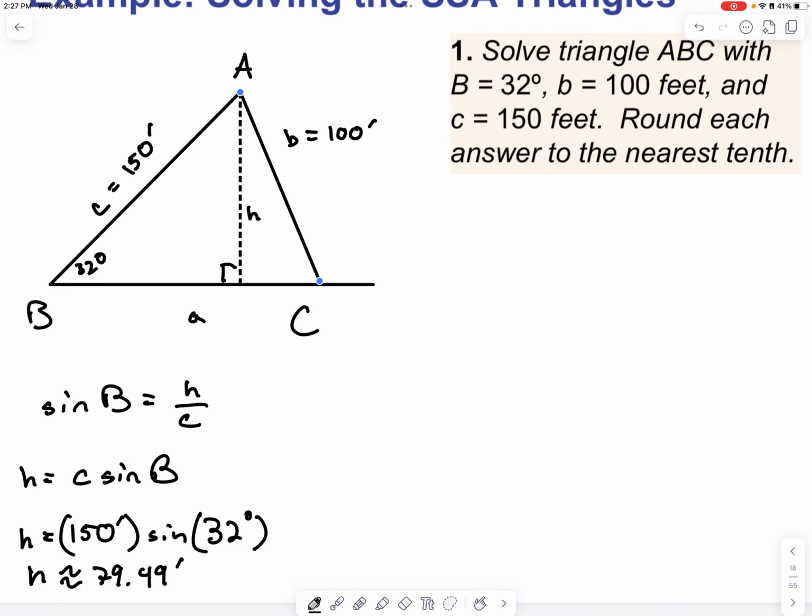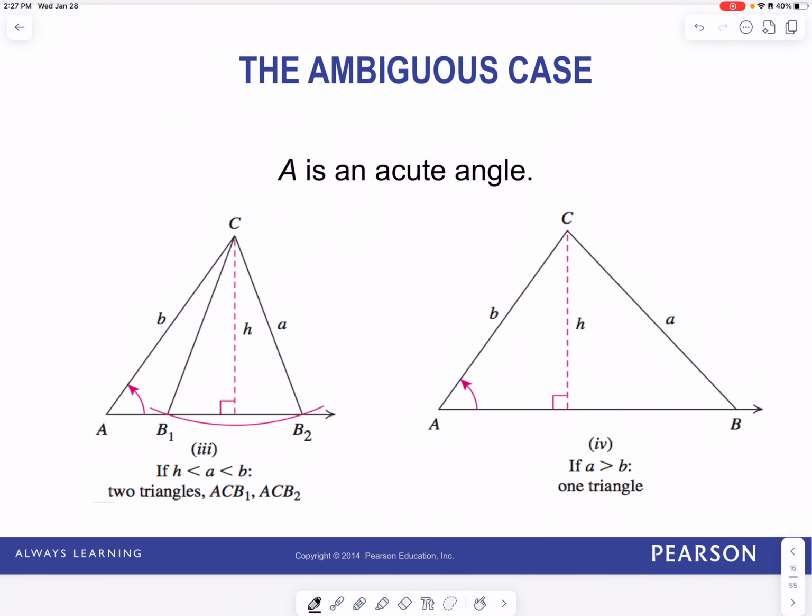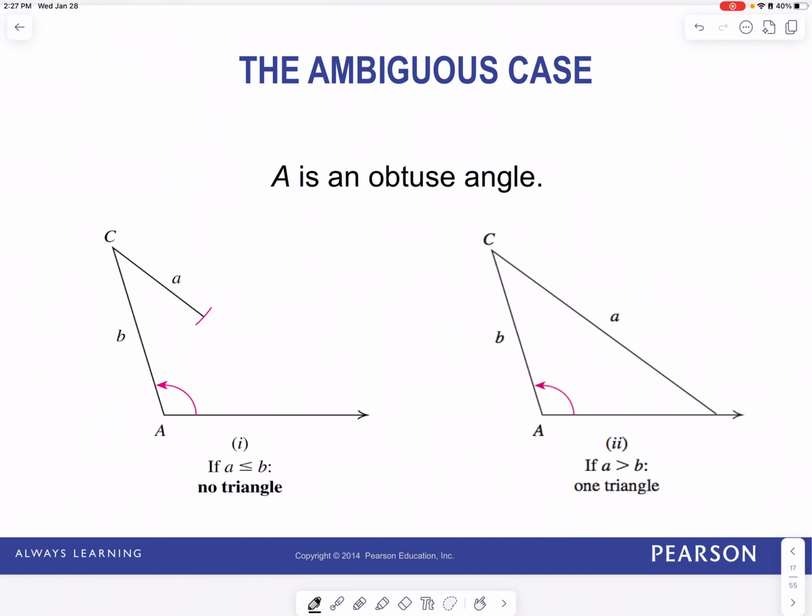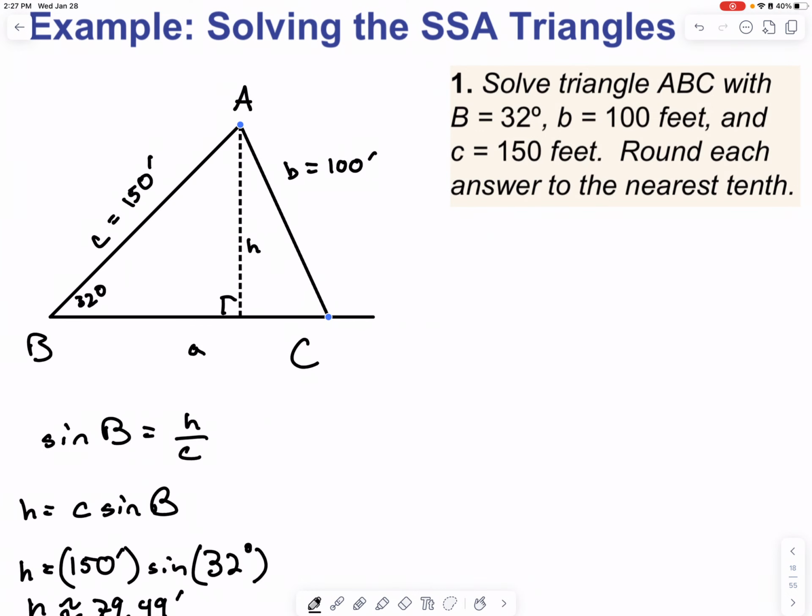The two triangle case occurs when, let me kind of confirm it, our side is between H and our C. That would be like A is between H and B in the previous example. So right here, yes, our side A is larger than H, but less than B. And in this context, that works, so we do have two potential triangles.